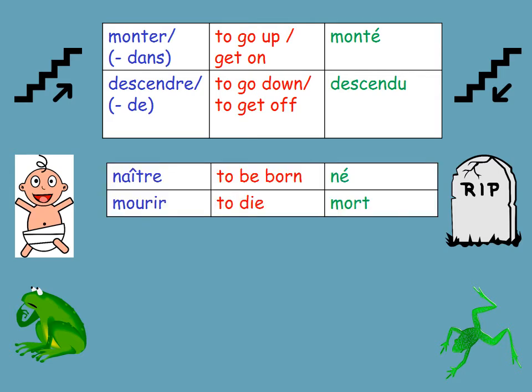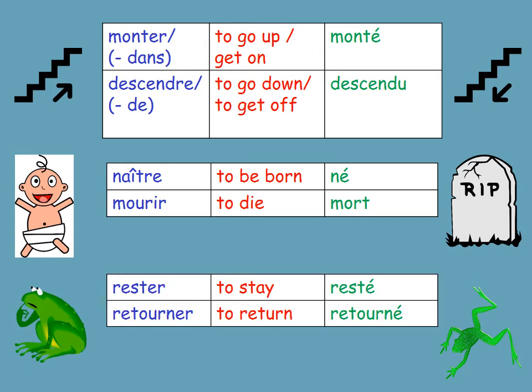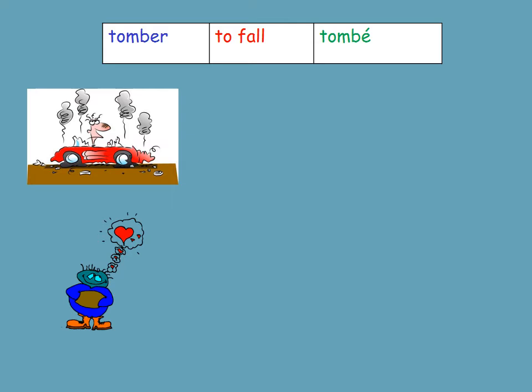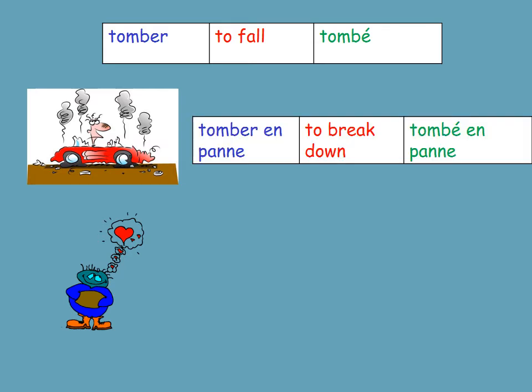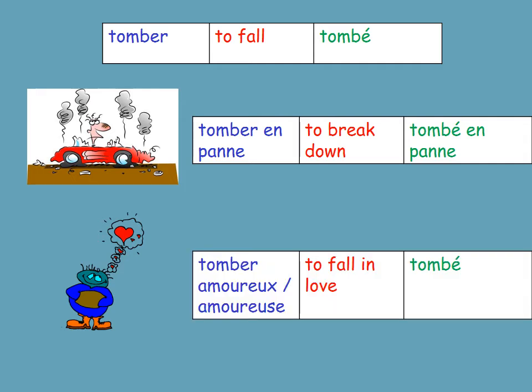Naître, to be born, mourir, to die. Rester, to stay, retourner, to return. Tomber, to fall. You can have tomber en panne, to break down. Tomber amoureux, to fall in love.